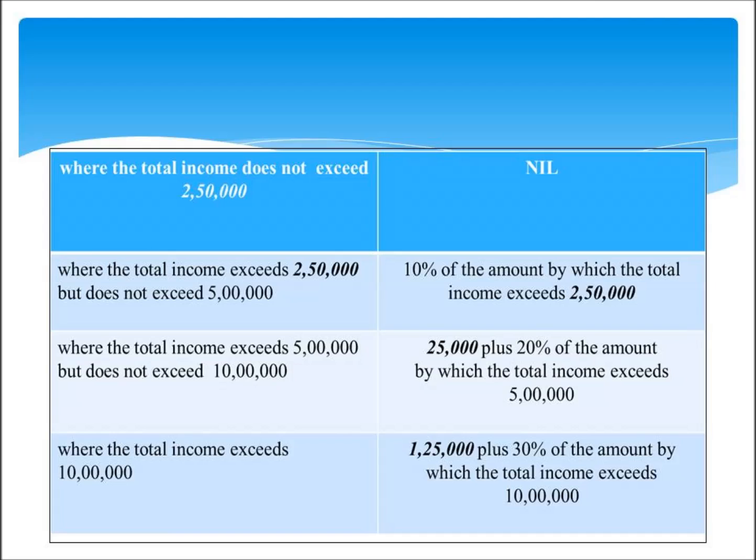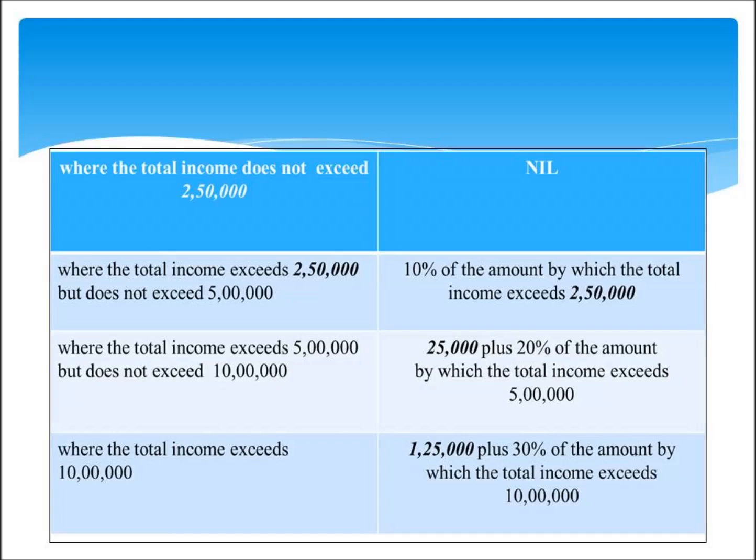So if I am an individual and I am earning 2,50,000 or less per year, my income for the year does not exceed 2,50,000 after giving effect to all the provisions of the Income Tax Act, all the deductions and all the rebates, whatever are there, my income comes to 2,50,000 or less. So I will not be liable to pay any tax on that, and the rate at which I will be charged will be nil. So if I'm earning 2,50,000 or less, I don't have to pay any tax.